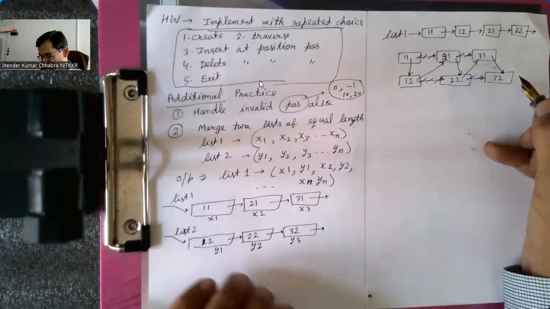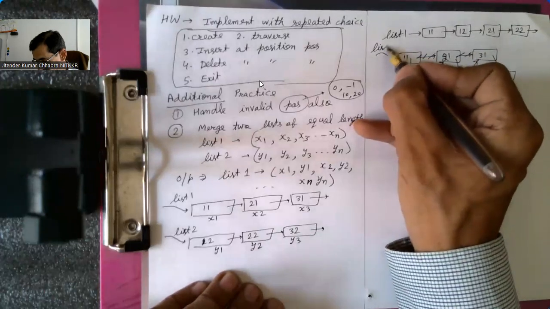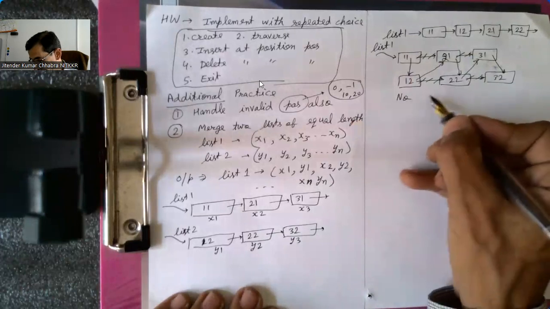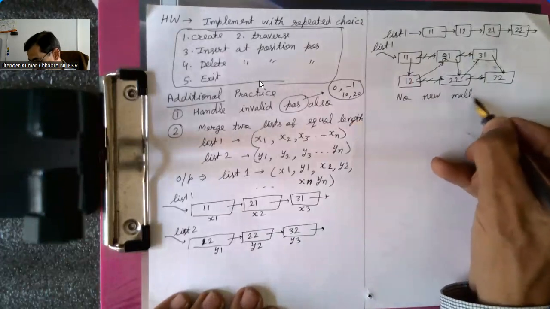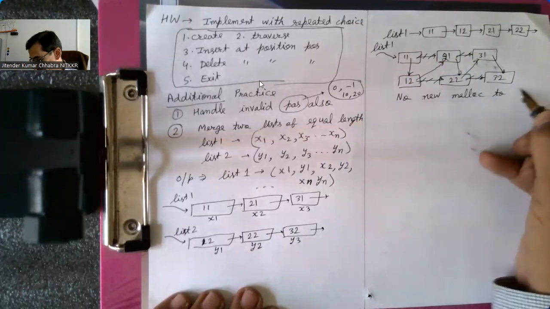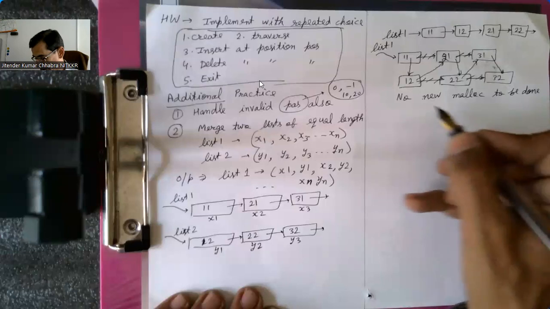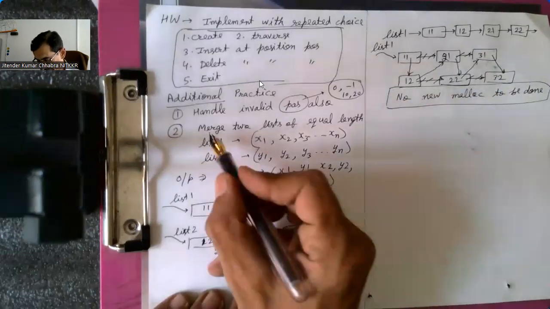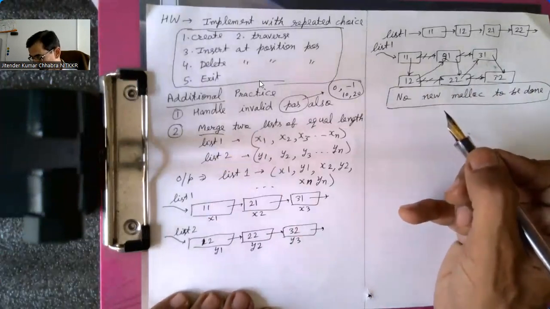And wherever the list ends, this will become your list 1. No new malloc to be done. No additional list, current nodes are to be linked again. So this we call merge at alternate positions, or merge alternate nodes.